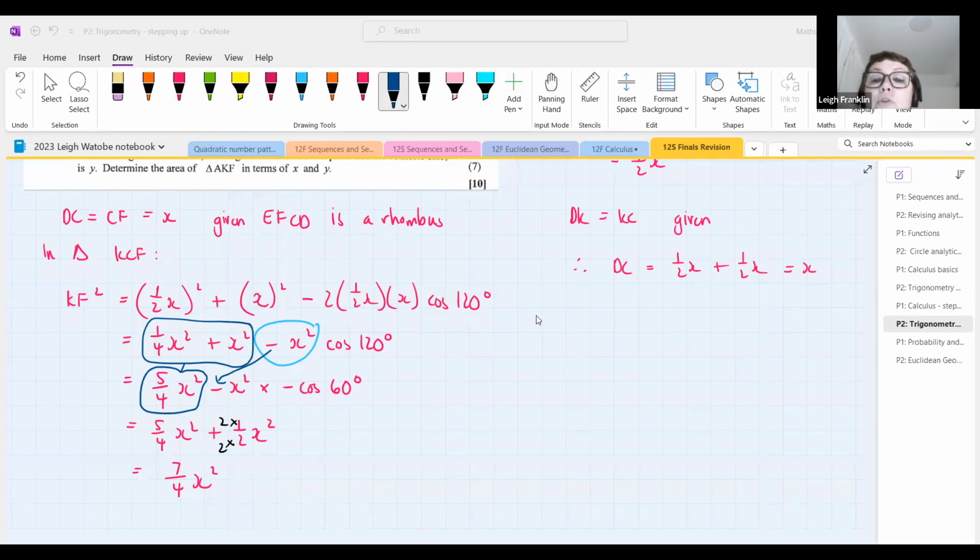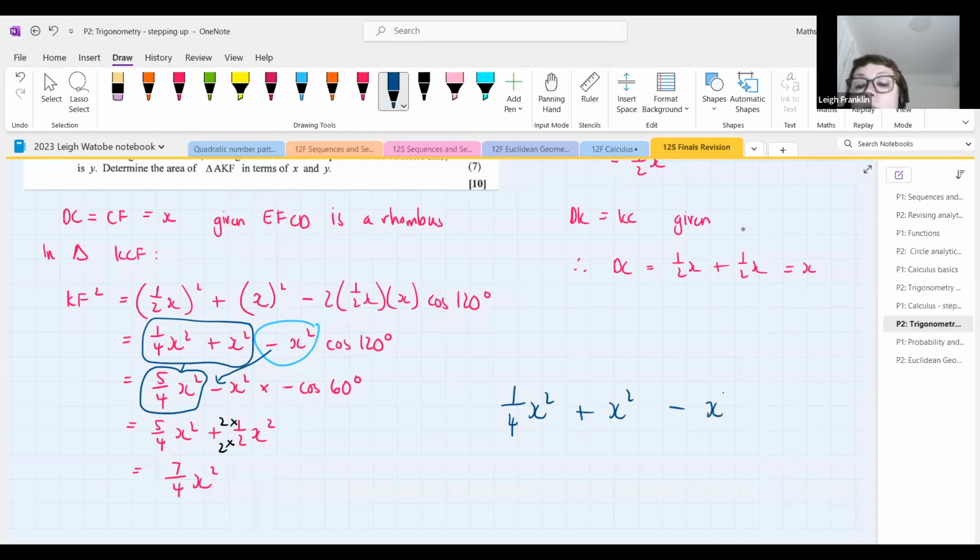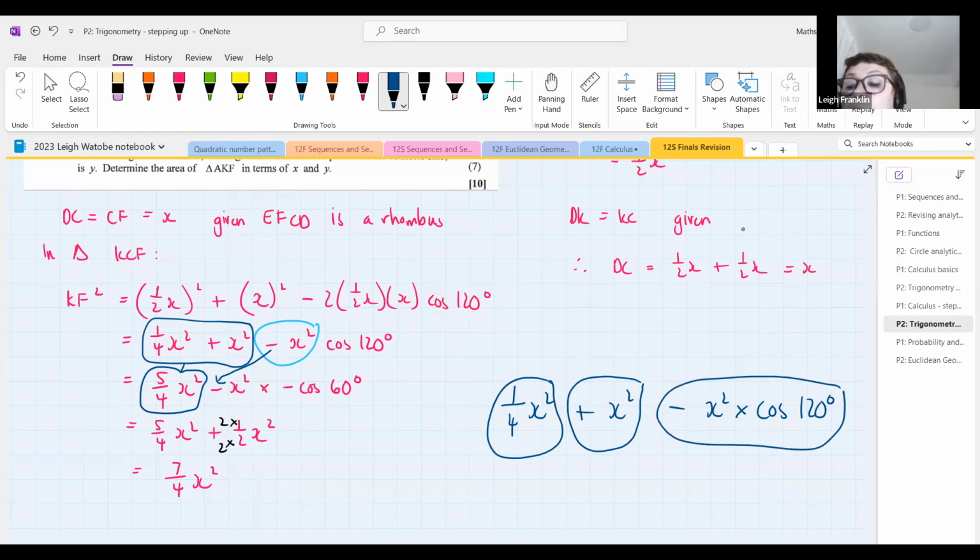All right, so Yulandi, remember you've got three different terms here. You've got a quarter x squared plus x squared minus x squared multiplied by the cos of 120. So there's the first term, there's the second term, there's the third term.